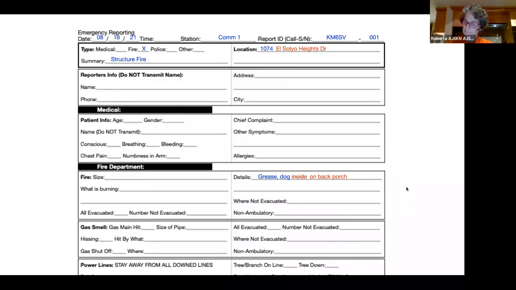Go ahead. Copy at 1722. Net control, AJ6KN. COM1, Kilo Mike 6 Sierra Victor.